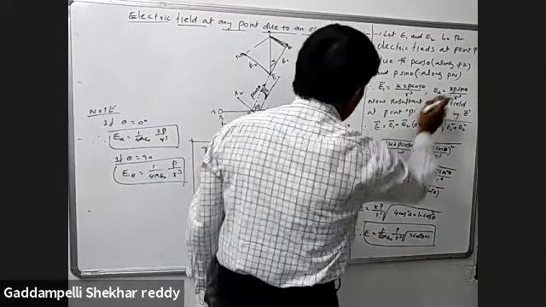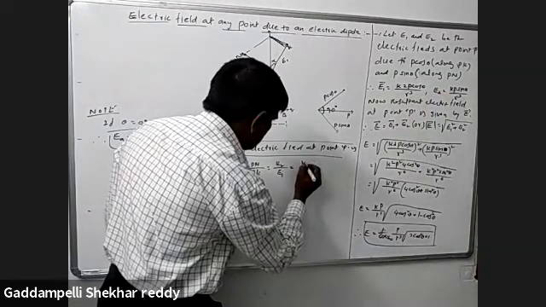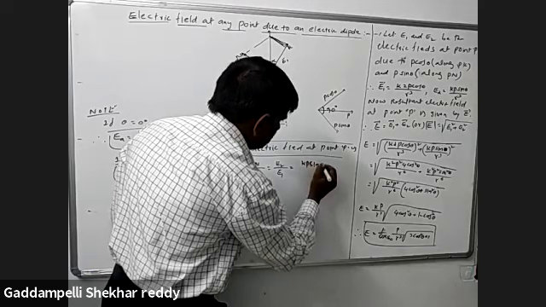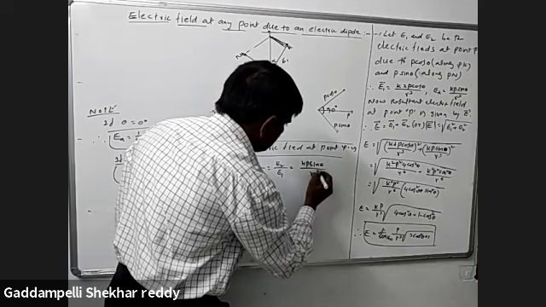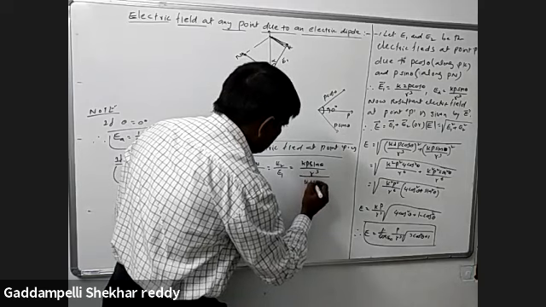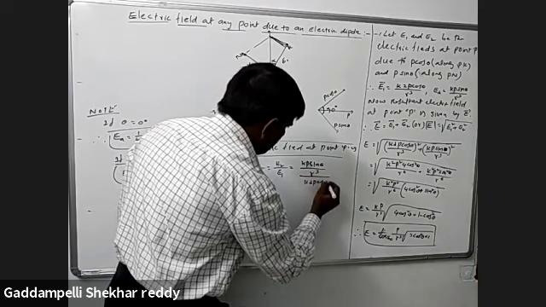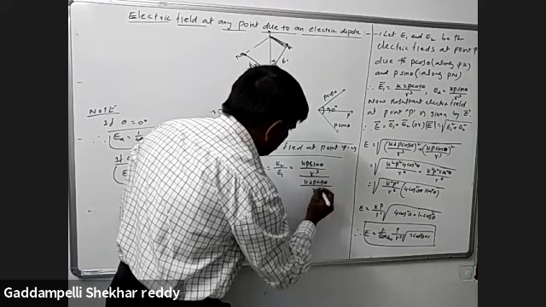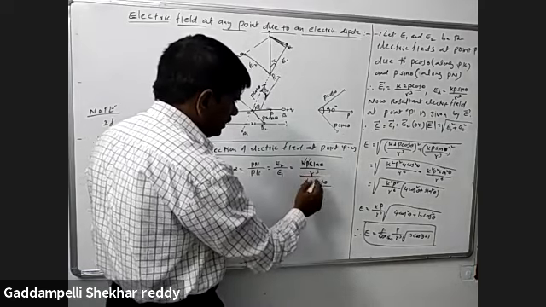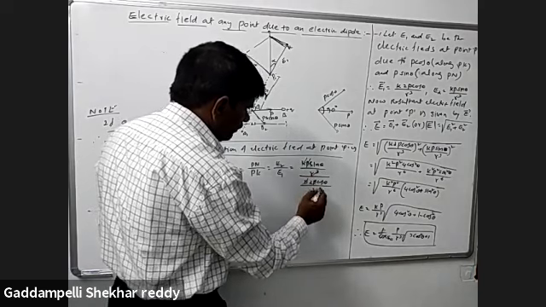E2 is K P sin theta by R cube, and E1 is K 2P cos theta by R cube. K, P and R cube get cancelled.